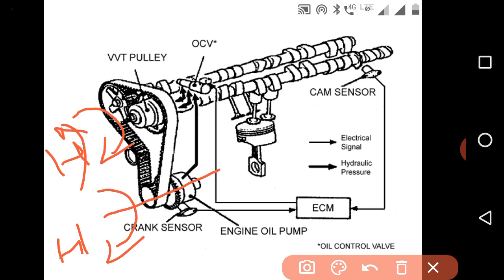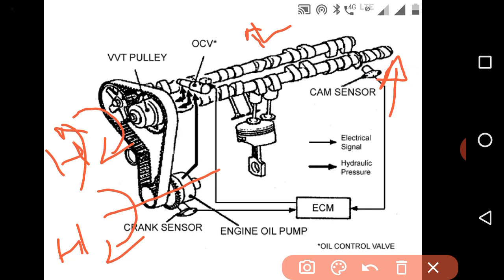Due to that, this camshaft will rotate at slightly lower speed with reference to the crankshaft, so the dwelling period will be increased.